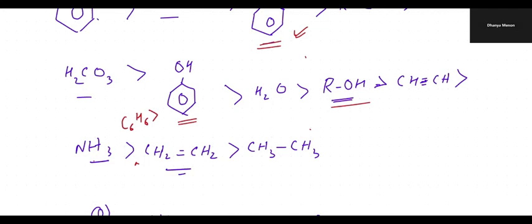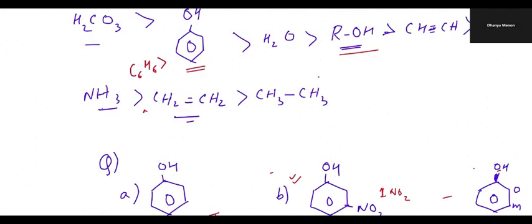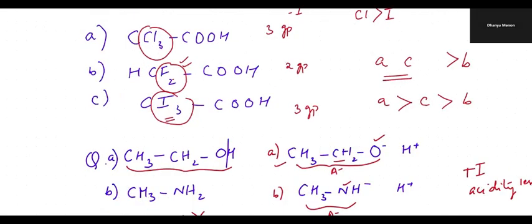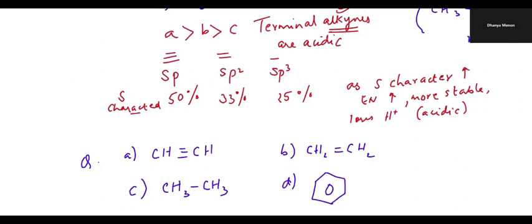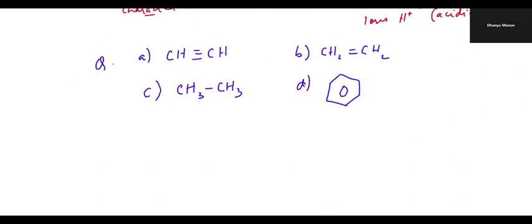Now, writing the acidity order. Definitely this is the terminal triple bond, alkyne. So the terminal alkyne is acidic. Then definitely C is least acidic because the S character is less.